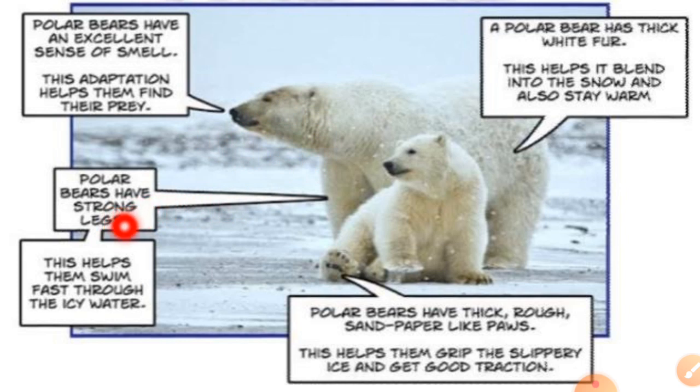Polar bears have strong legs, which help to swim and walk, and help to swim fast through the icy water. Next, polar bears have thick, rough, sandpaper-like paws, which help to grip slippery ice and get good friction. So that's why their paws are rough. Next, the polar bear has thick white fur, which helps to blend into the snow and also stay warm. And it helps to capture the food.